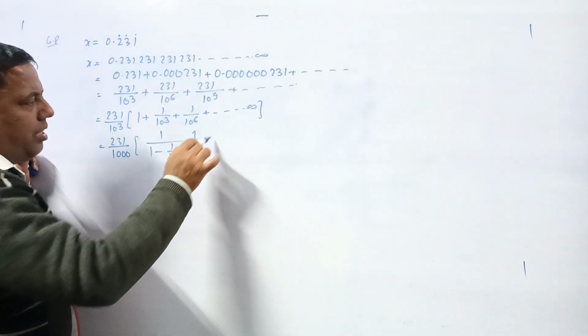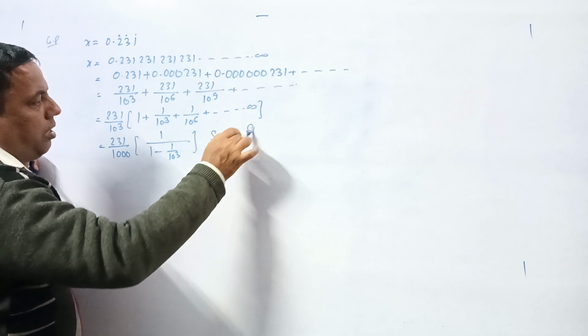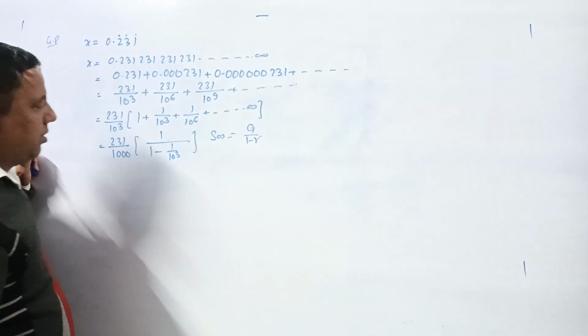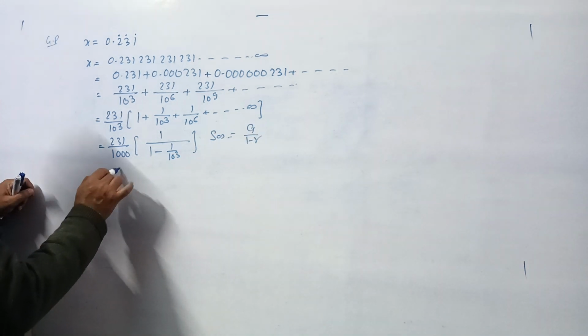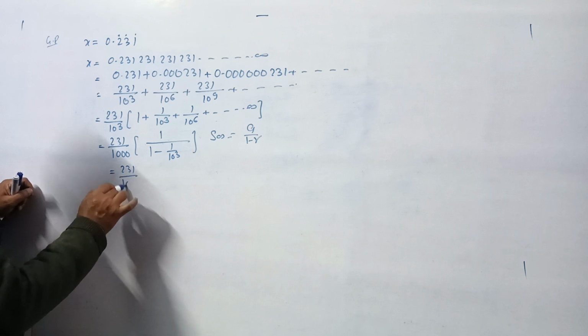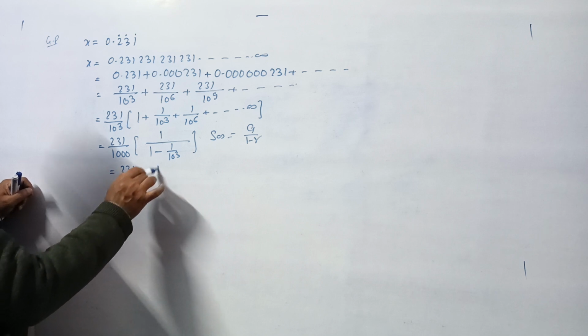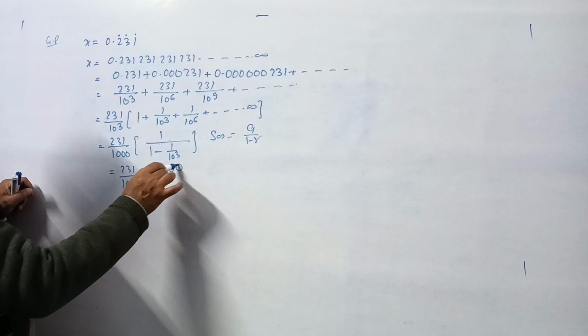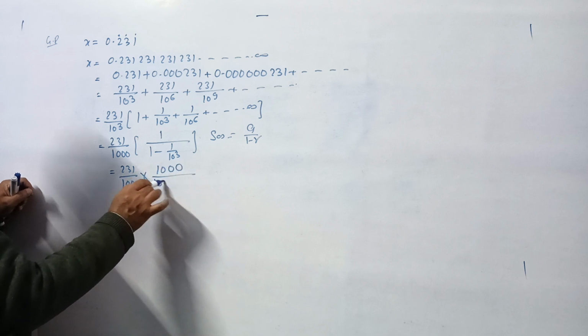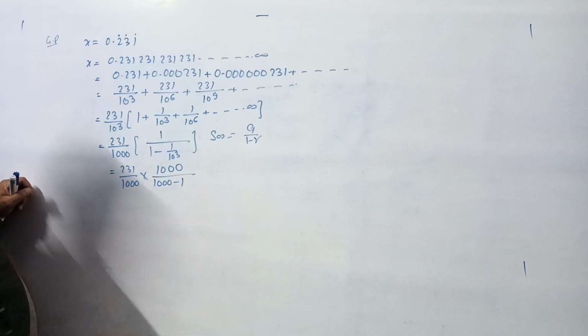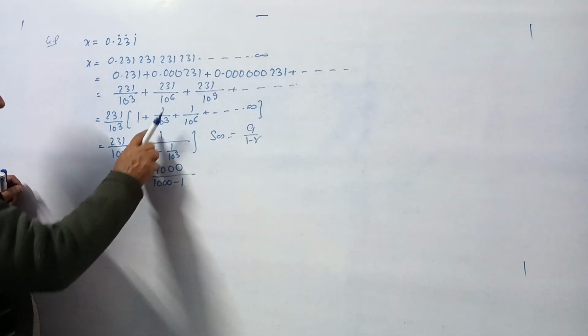Here we get 231 upon 1000 multiplied by 1000 upon 1000 minus 1, taking the LCM.